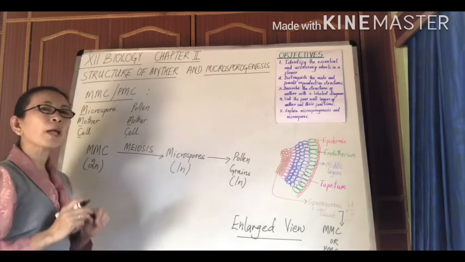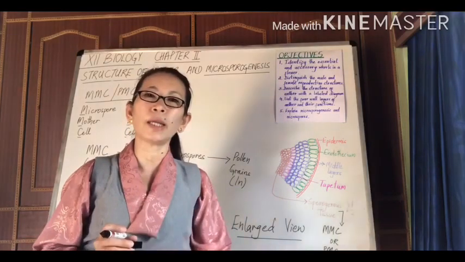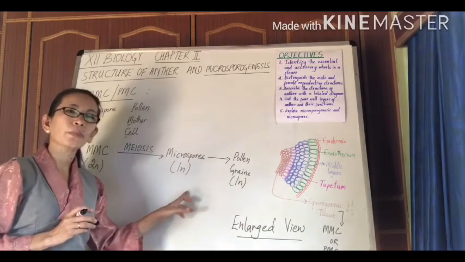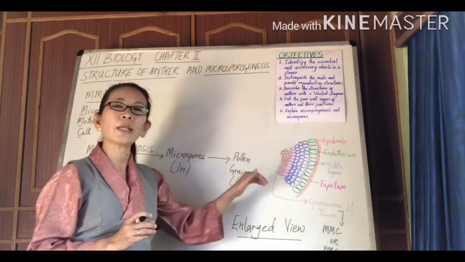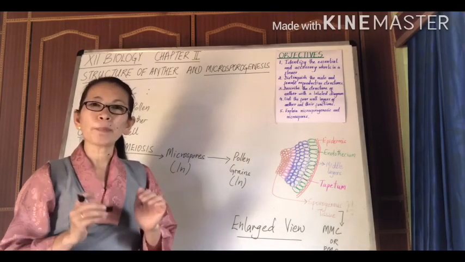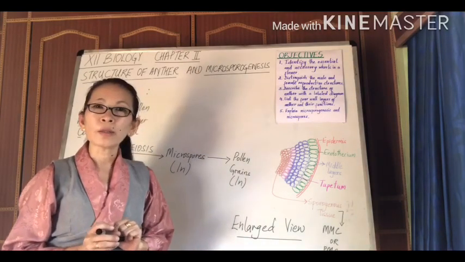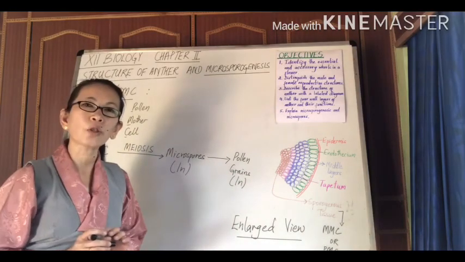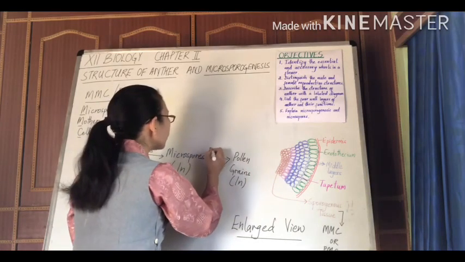So when the diploid microspore mother cells divide meiotically, right, it produces haploid microspores. Now, these haploid microspores on further division and differentiation result in haploid pollen grains, right? And because there is no further change in the chromosome number, such division and differentiation has to be through another cell division, which is mitosis.